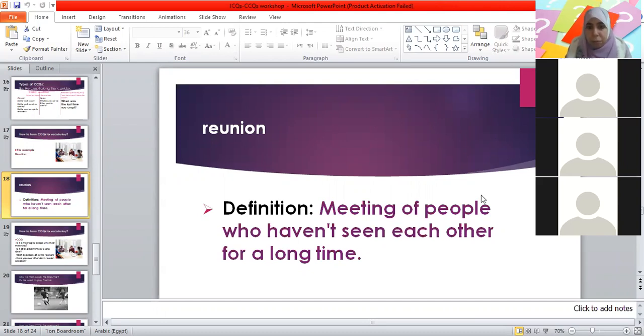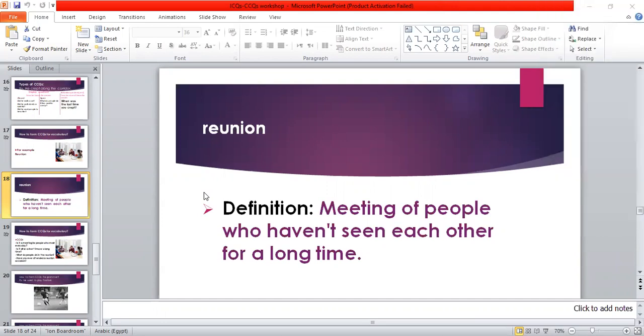What are they doing? Doing, yeah. Okay, what are they doing? Is this their first time to meet or did they meet before? Okay, so did they meet before, or is it the first time for them to meet or see each other? Okay. Any other questions?